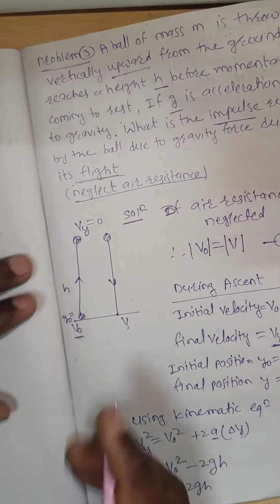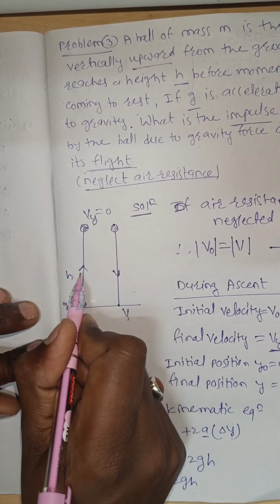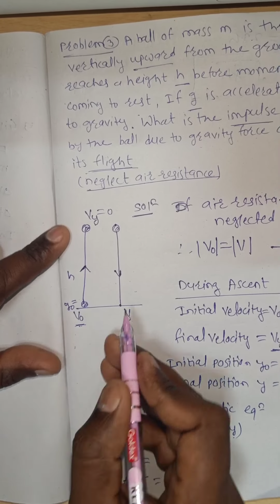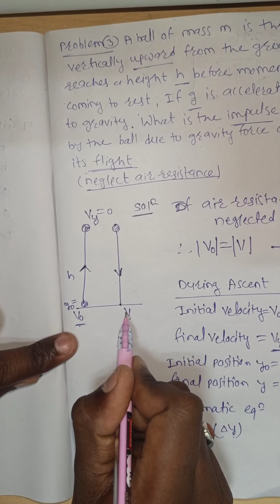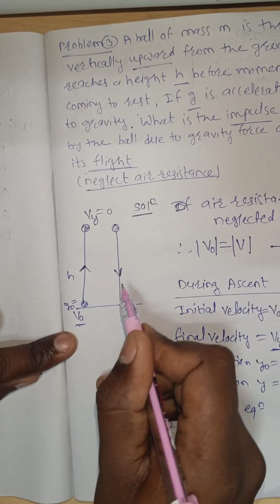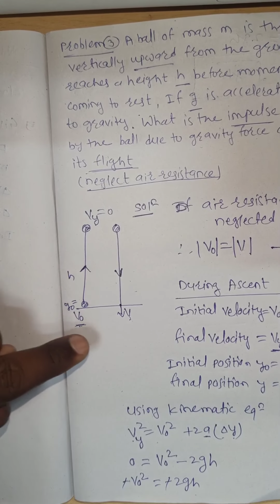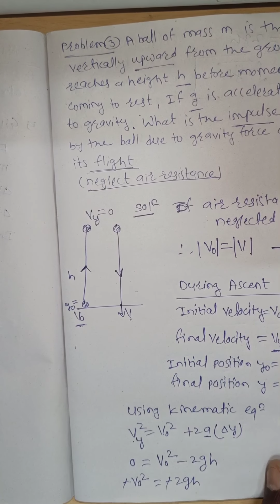Now this ball is moving in an upward direction, therefore the initial velocity is positive. When it goes in a downward direction, the direction of the final velocity is downward, therefore the final velocity is negative.